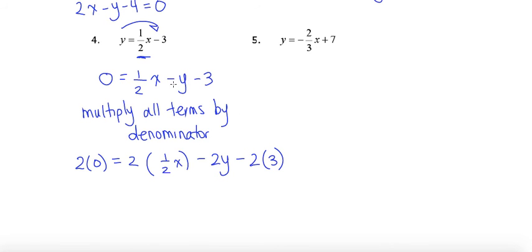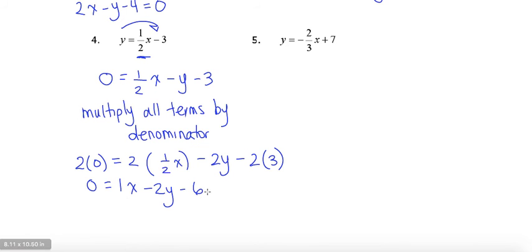You'll notice that I kept my signs here, so if they're negative, I'm going to keep that negative sign, separating those for now. So 2 times 0 is 0. 2 times 1/2 is 1. So 1x, or 2 divided by 2. I have my negative 2y, and negative 2 times 3 is negative 6.